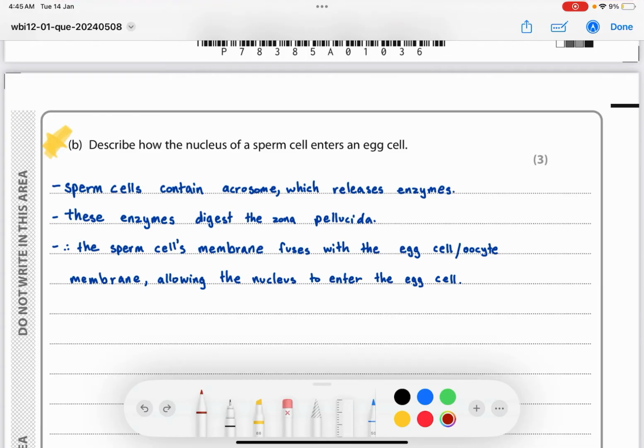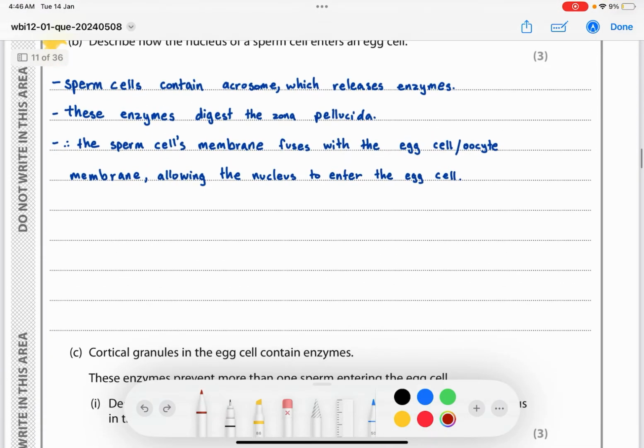So, sperm cells contain acrosome, which releases enzymes. These enzymes digest the zona pellucida. Therefore, the sperm cell's membrane fuses with the egg cell or the oocyte membrane, allowing the nucleus to enter the egg cell. It's important that you memorize this answer because it's a frequently asked question.